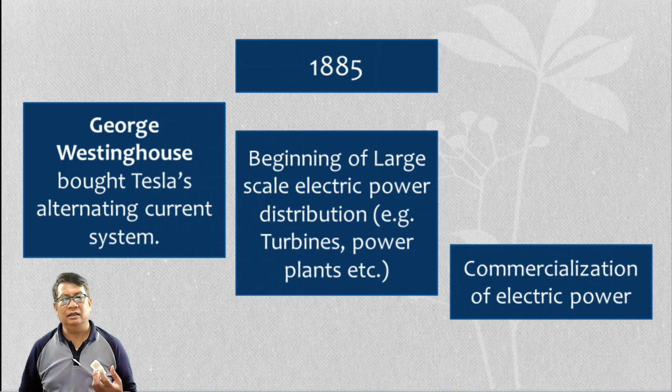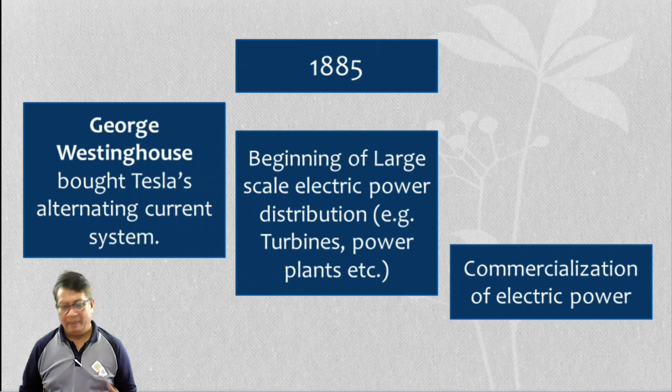So George Westinghouse, in 1885, bought Tesla's alternating current system. The principle that Nikola Tesla created was continued by George Westinghouse, so yung tinatawag niya na AC system or alternating current system. And then it was the beginning of large scale electric power distribution.